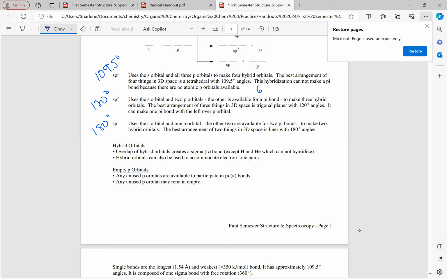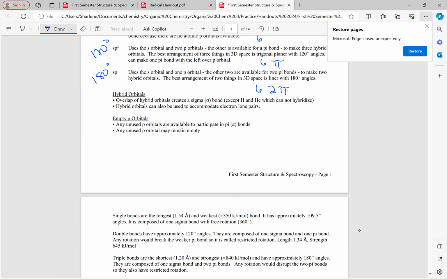This one's a sigma and a pi, and this one is a sigma and two pi's, and pi's are more easily broken. So the overlap of hybrid orbitals creates a sigma bond, except with hydrogen and helium because they don't hybridize. And hybrid orbitals can also be used to accommodate lone pairs. And the empty p orbitals can be used to make pi bonds, or they can remain empty.